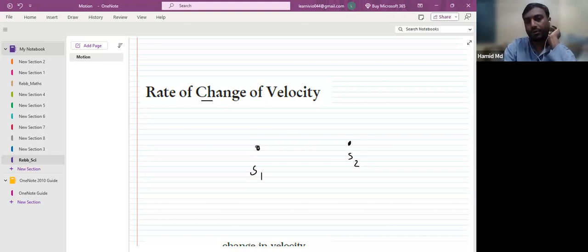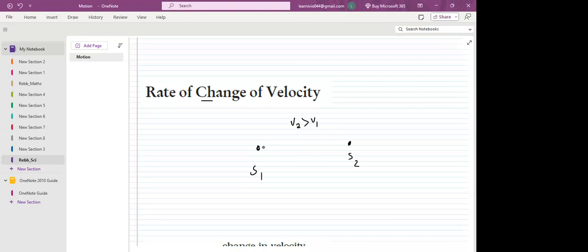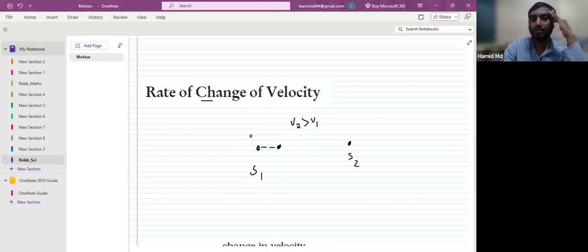Either we will go straight with a constant speed, or we will accelerate our vehicle. When we accelerate, V2 will be greater than V1, right? If we calculate the velocity over here, we will find V1 and V2, so V2 will always be greater than V1.